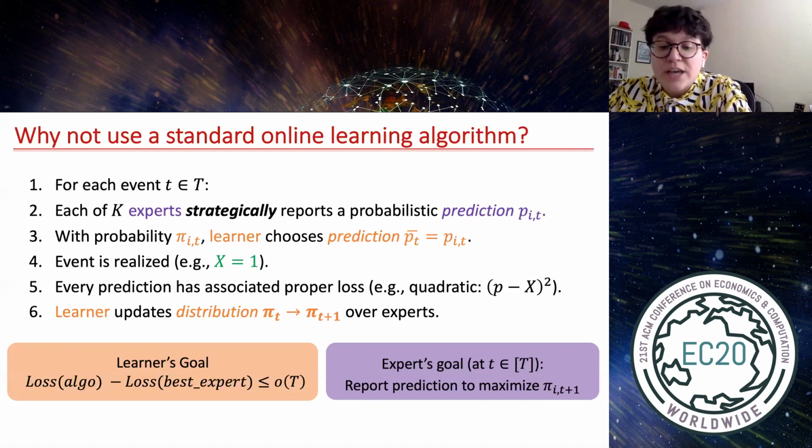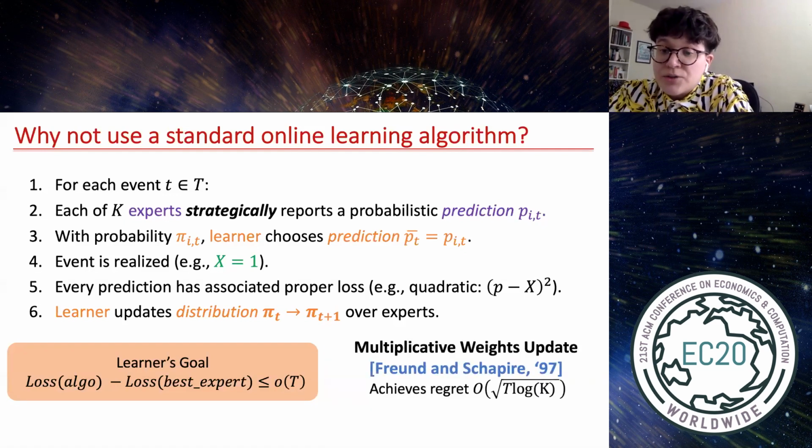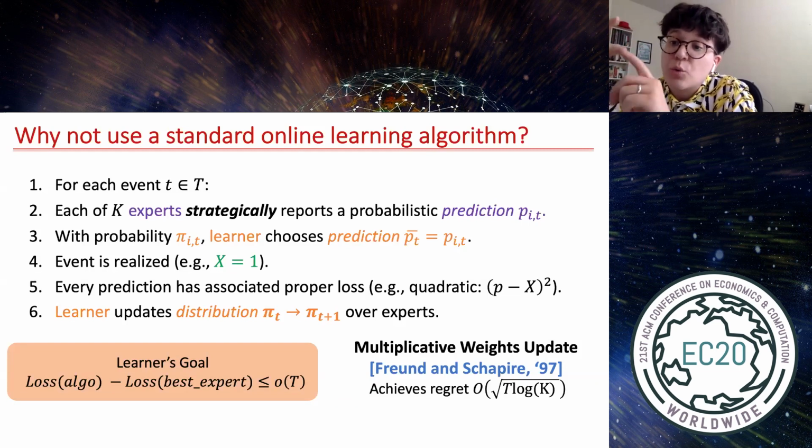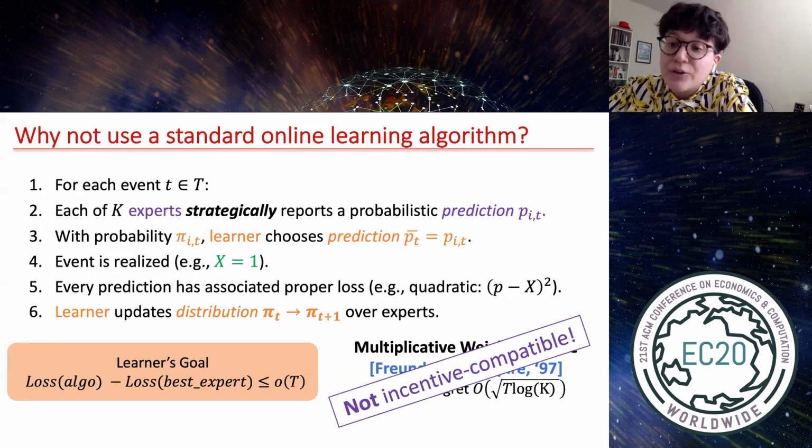Nika introduced to us yesterday the multiplicative weights update algorithm, which is due to the celebrated paper of Freund and Schapire in 1997, which achieves the optimal regret guarantee, which is square root of T log K. Now, why can't you just apply this algorithm to solve our problem with the double constraint that you want both no regret and incentive compatibility? Well, if you try to do so, you'll end up having an algorithm that's not incentive compatible.